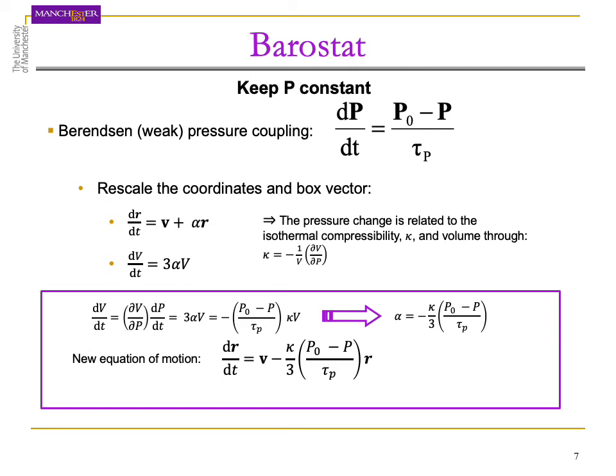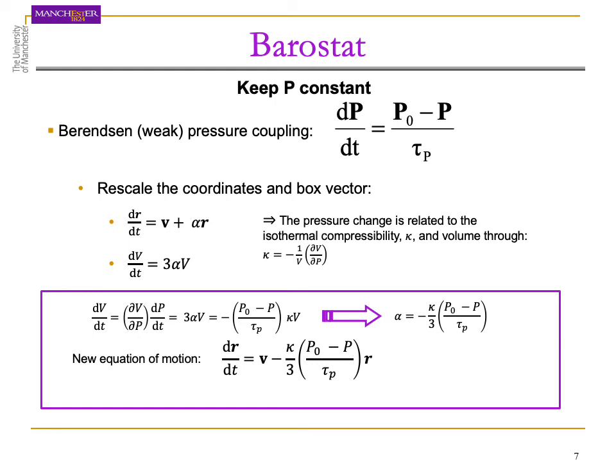We start by saying that the variation of the position of our particle, dr over dt, is not just equal to the velocity, but is equal to the velocity plus another term, which we indicate by alpha times r, so it's proportional to the position. And the variation of the volume of our system is just proportional to the volume itself through this parameter alpha.